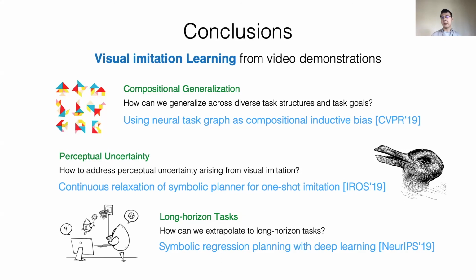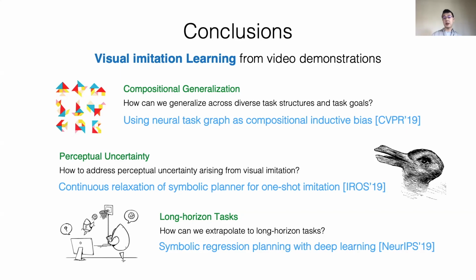Then I talked about how we can address the perceptual uncertainty from the deep learning-based perception models when parsing these video demonstrations into symbols. And I introduced a way to perform continuous relaxation of a symbolic planner for one-shot imitation learning in a planning-based formulation.